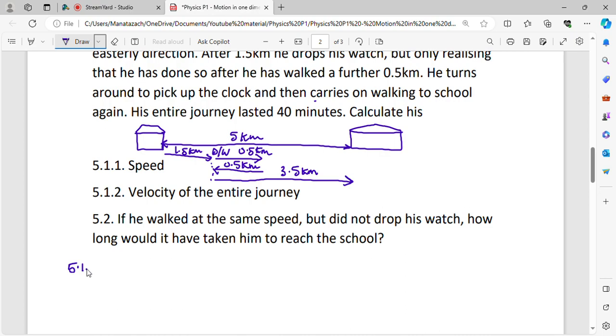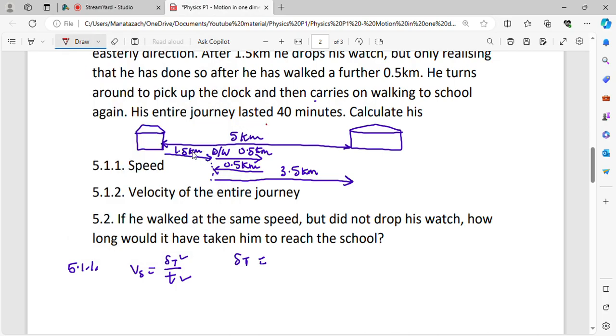Now let's calculate the speed from our picture. We know that the speed is a scalar quantity. So this is the formula for the speed, with s being the speed, d the total distance, and t being the time. So let's first work out the total distance for his journey.